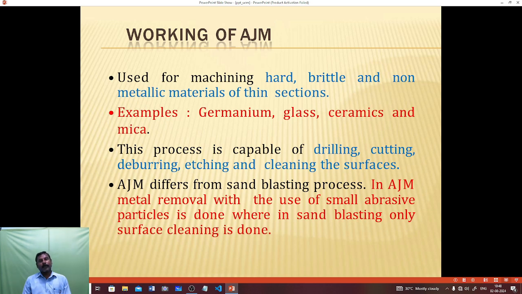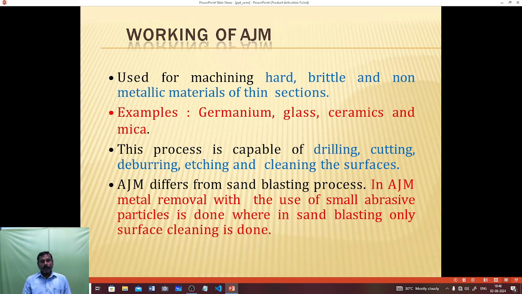Abrasive jet machining is used for machining hard, brittle, and non-metallic materials of thin sections, for example germanium, glass, ceramic, and mica. This process is capable of drilling, cutting, etching, and cleaning surfaces.